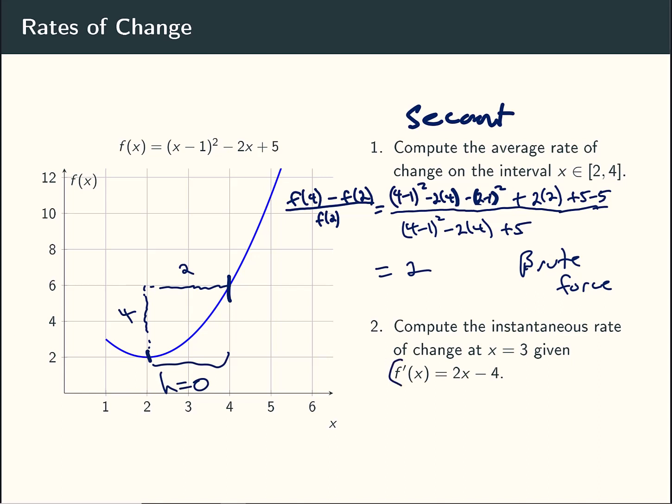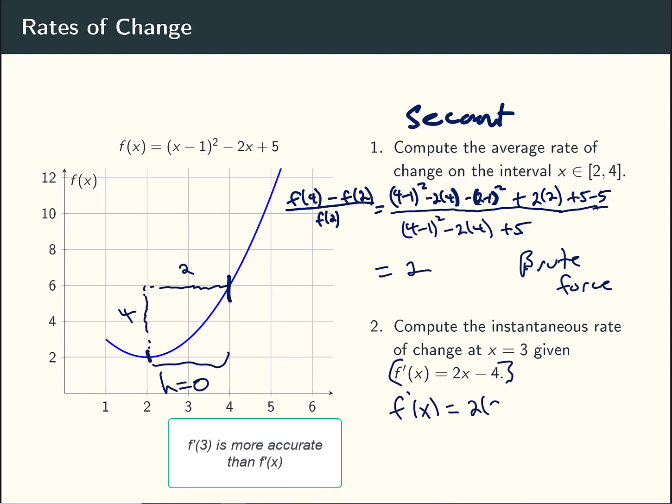Now, if we already know the first derivative, and it's f prime of x is equal to 2x minus 4, then we know that f prime of 3 is going to be equal to 2 times 3 minus 4, which just happens to be equal to 2. And if we look at the graph where x is equal to 3 right here, it does look to my eyes like the slope there is equal to 2.